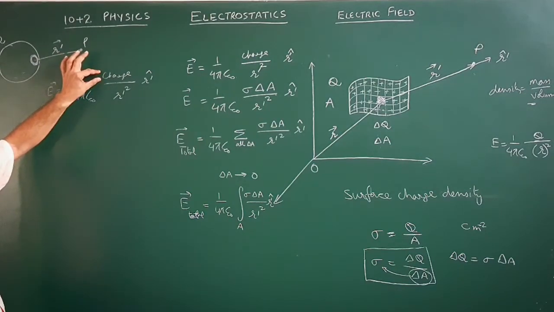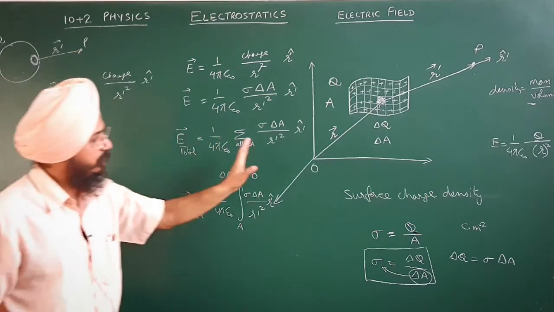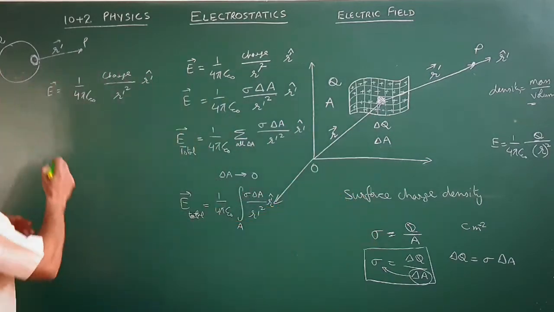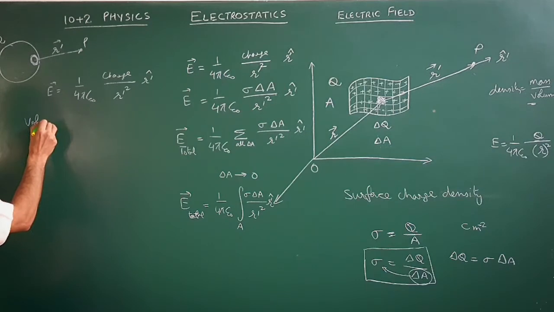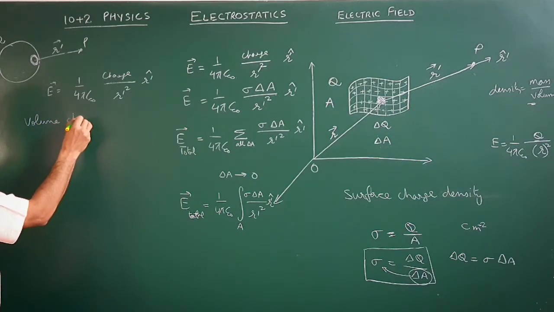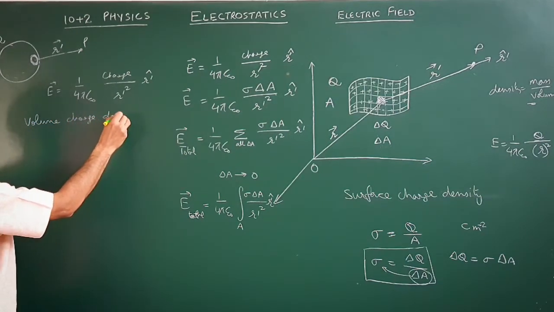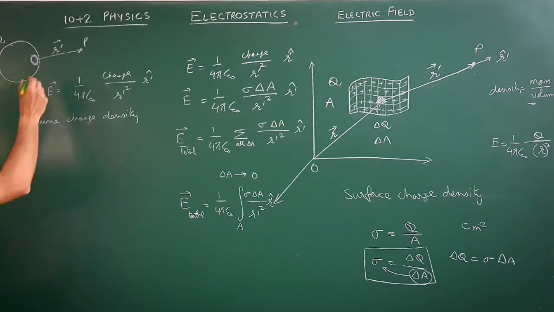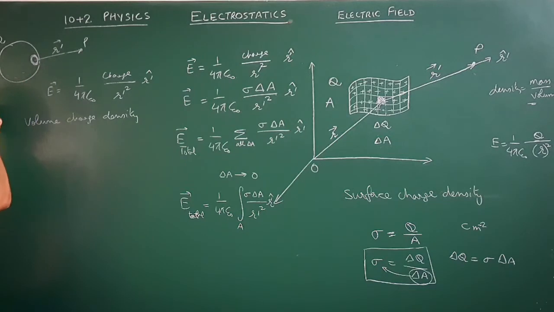To find the value of charge, as in the earlier case I defined surface charge density, now here I will define volume charge density. The problem in consideration may be a cube, so you may have a cubical body instead of a spherical body also. You will consider a small cubical element in its volume and you can calculate at any point.